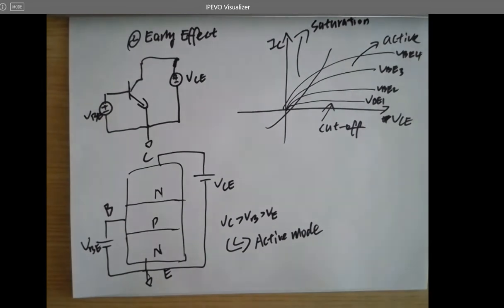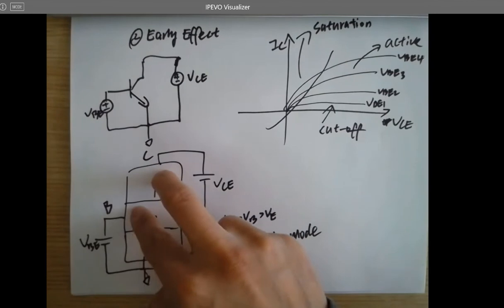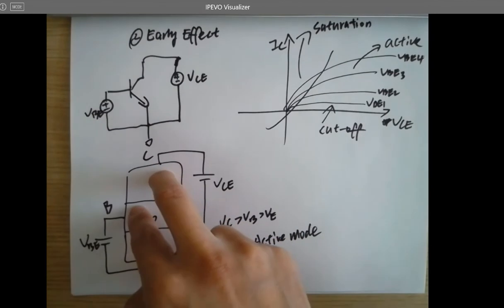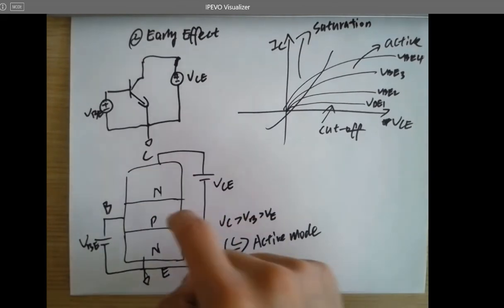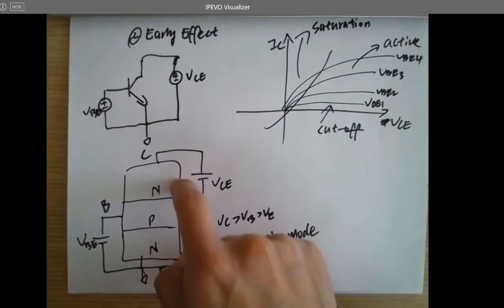Is the CB junction forward biased or reverse biased? Forward biased means P to N, so the P has a higher potential than N, right?